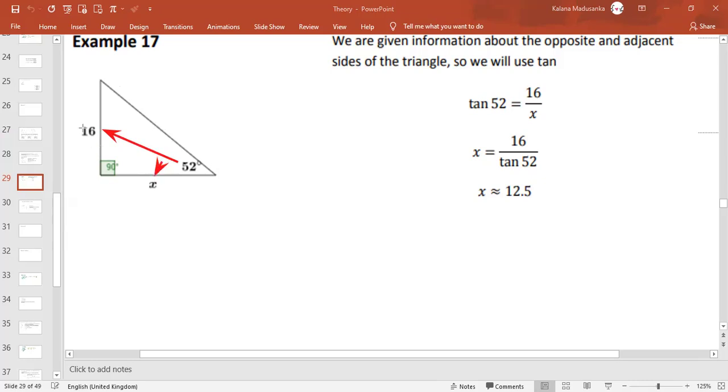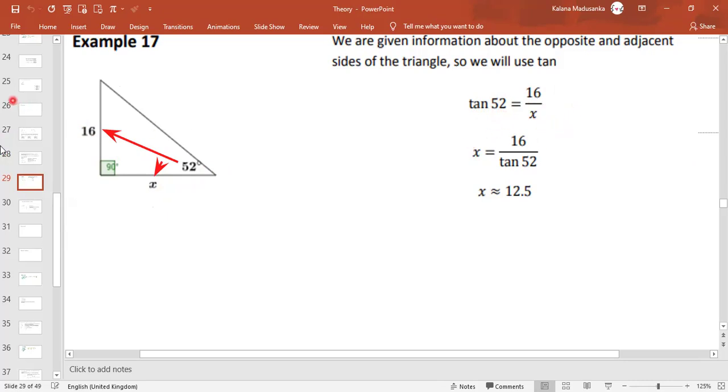So what is the trigonometric function dealing with opposite and the adjacent? It is the tan value, right? Tan theta is equal to opposite divided by adjacent. So tan 52 degrees is equal to 16 divided by x, right?